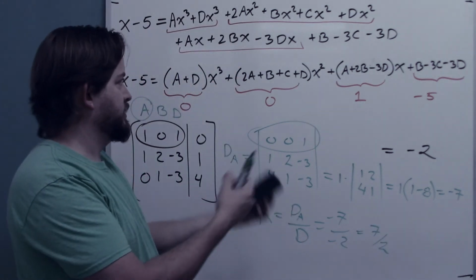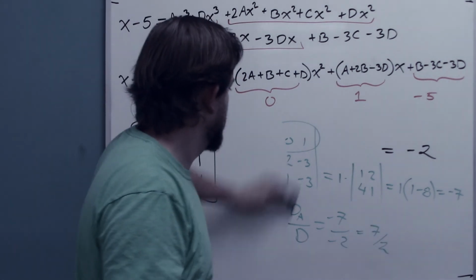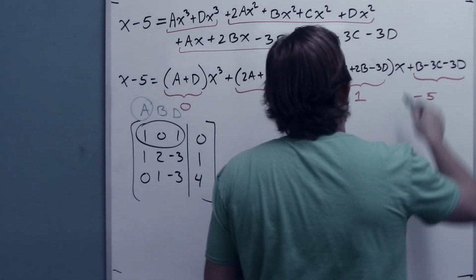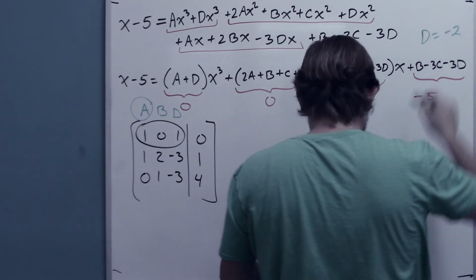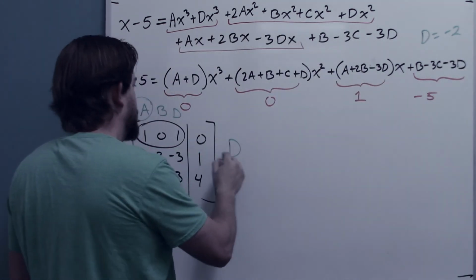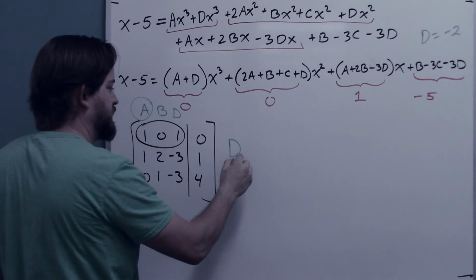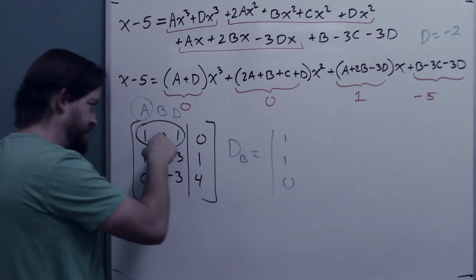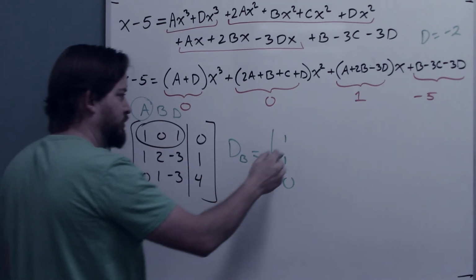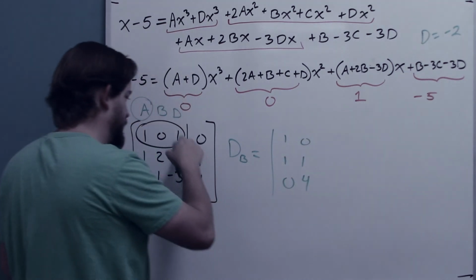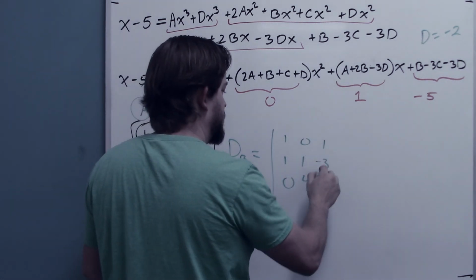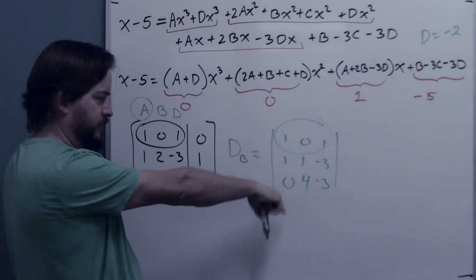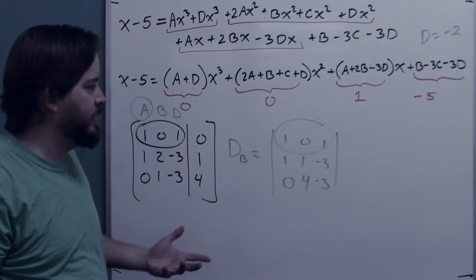Write this down because I'm so out of room, I'm just erasing some stuff here. dB is my next one. It would be 1, 1, 0, replacing B's column with 0, 1, 4, and then 1, -3, -3. Again, exploit the 0 in this column over here. It doesn't matter, pick one.